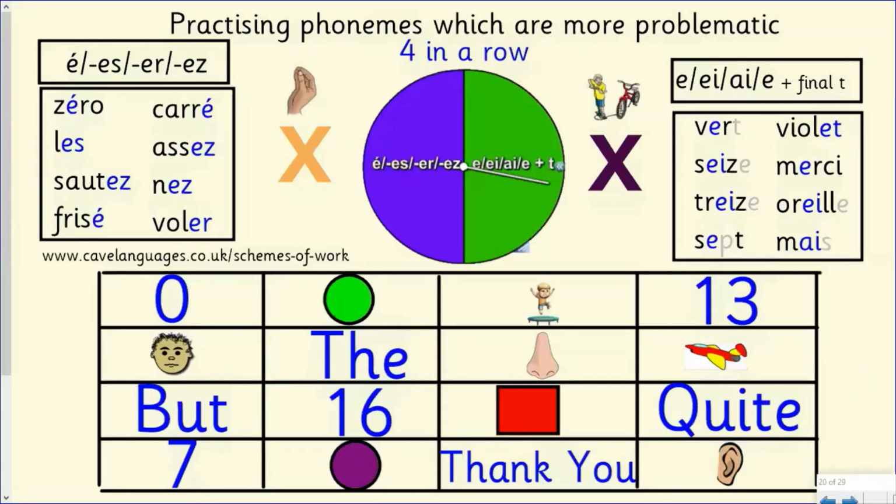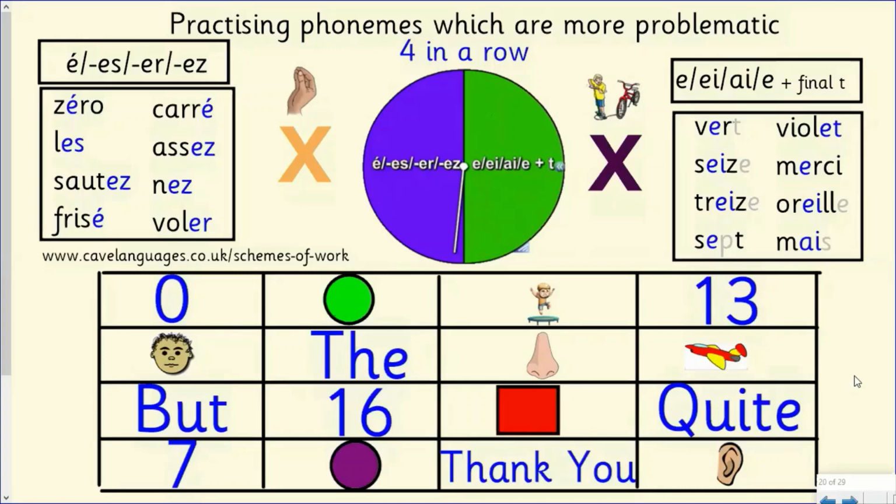At times we might use a game like this to practice particular phonemes which are causing some problem, in that they often forget how they sound. This is a 4 in a row game, 2 teams, we spin the spinner. The orange team, it's landed on this sound with all these graphemes here, so they have to find a word from this grid and pronounce it correctly.